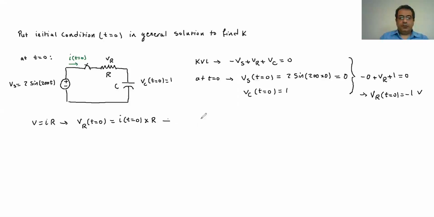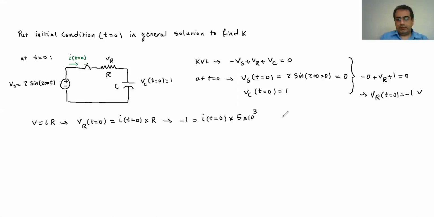If I substitute the values, the VR at T0 is -1, is equal to I at T0, which is what we are looking for, and R is, I think, 5,000, so 5 times 10 to the power of 3.